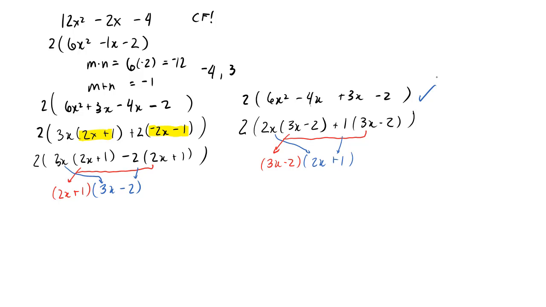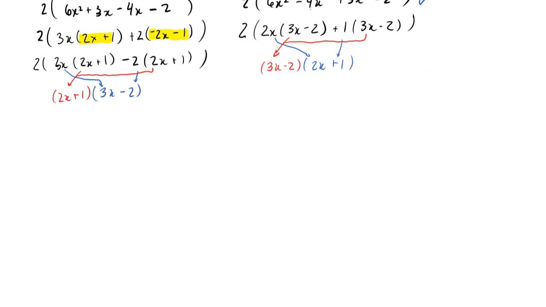I think we should try one more. Let's do 3x squared minus 5x plus 2. Okay, so looking for two numbers. Multiply to 3 times 2, so multiply to 6.